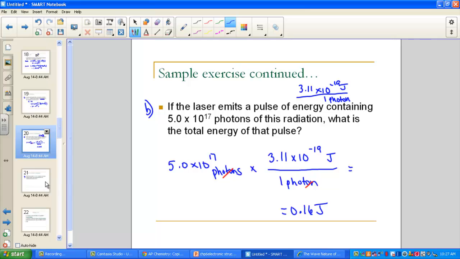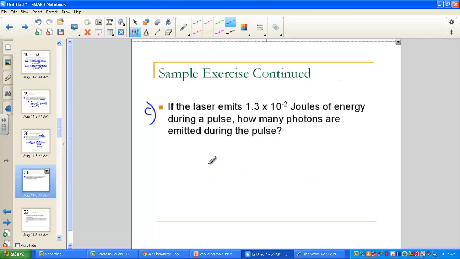So this little ratio. And now in part C, if the same laser emitted 1.3 times 10 to the negative 2 joules of energy in a single pulse, how many photons would be emitted? Remember that conversion factor. Now here, given joules, we need joules to cancel, and we want to go to photons.